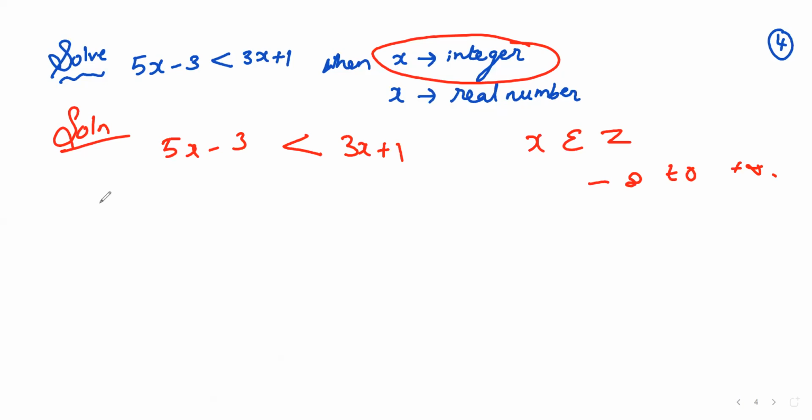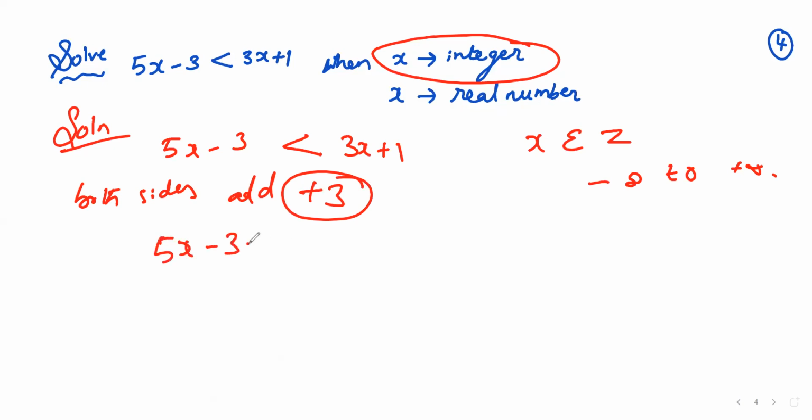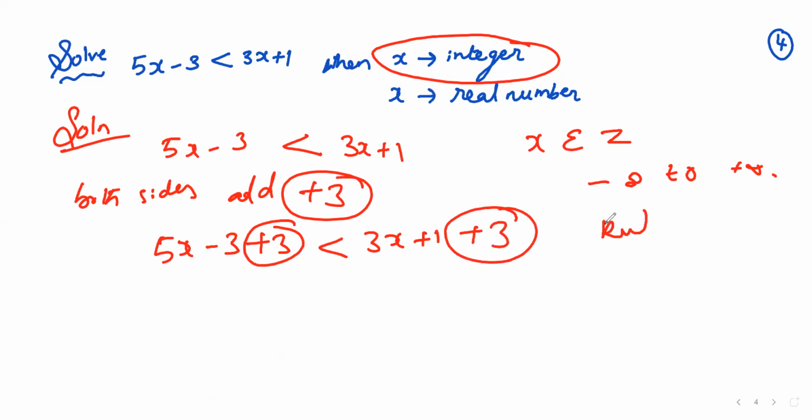Now on both sides add plus 3. 5x minus 3 plus 3, 3x plus 1 plus 3. Both sides, the same number we can add. Rule number 1, isn't it?